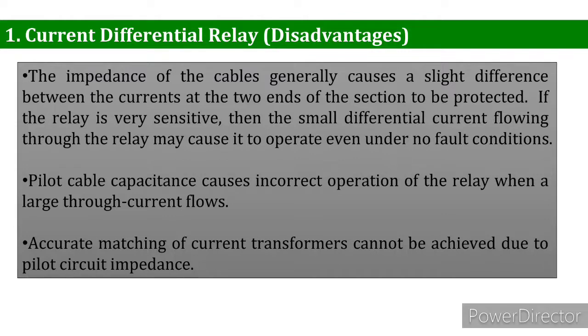The capacitance of that cable also causes incorrect operation of the relay, because this specific type of relay is based on the difference between the two currents. So if there is a difference that exceeds a predetermined value, it has to operate no matter what the cause, for example a true fault or a false fault.